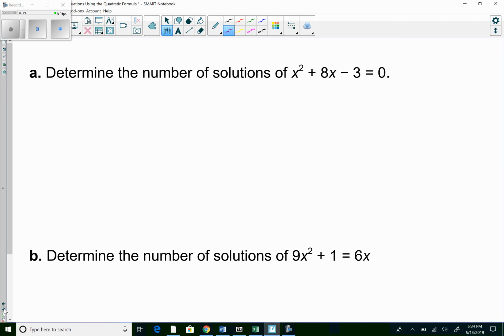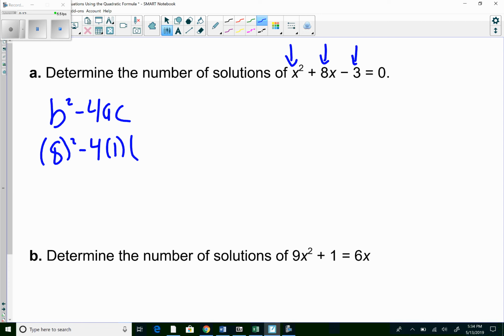So determine the number of solutions of x squared plus 8x minus 3. b squared minus 4ac. b is 8. So let's take 8 squared minus 4. Your a term is 1. Your c term is negative 3. So 8 times 8 turns out to be 64.